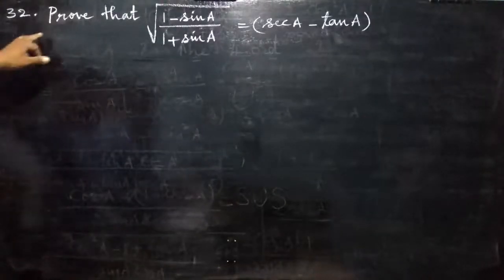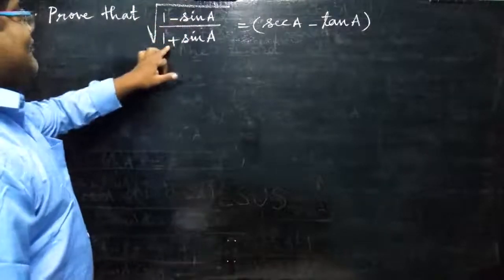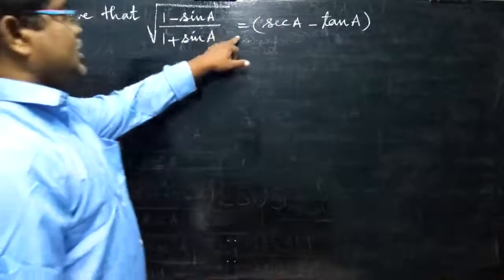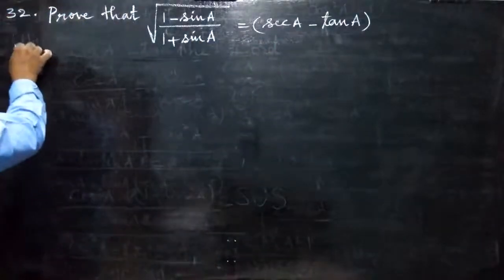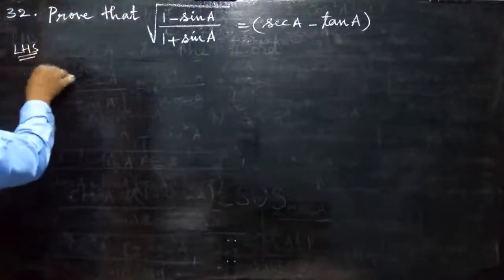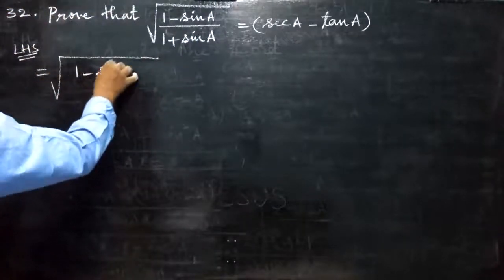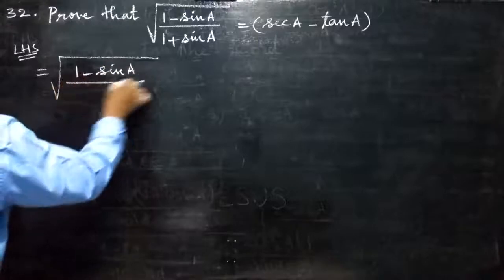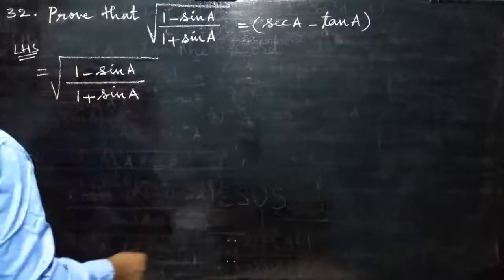32nd problem. Prove that square root of 1 minus sin A by 1 plus sin A is equal to secant A minus tan A. Take LHS. What is LHS? Square root of 1 minus sin A by 1 plus sin A. Denominator, make it rational.